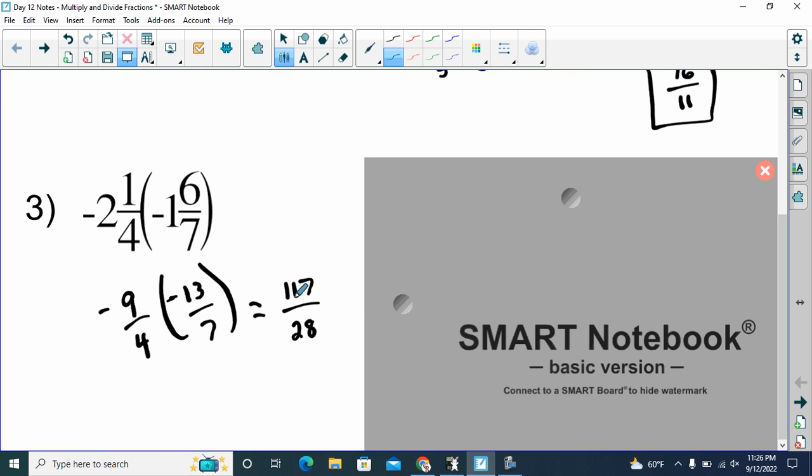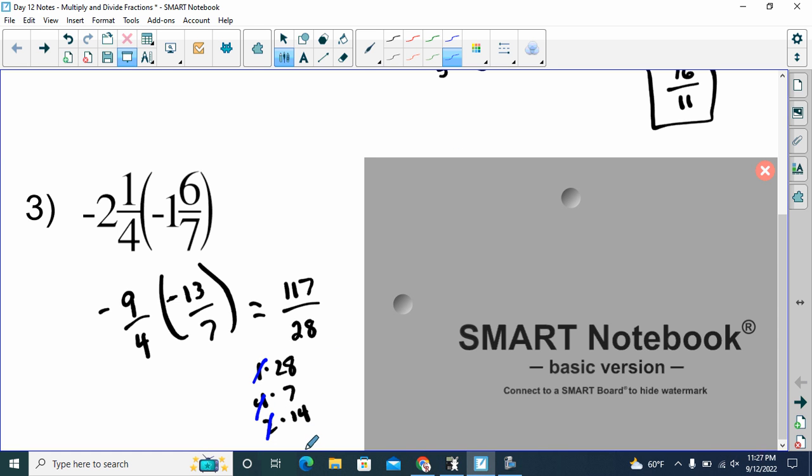If this is a calculator problem, I'd start with the 28. Things that multiply to 28 are 1, 28, 4 times 7, 2 times 14. And because this is an odd number, I know it's not divisible by an even number like 2 or 4.